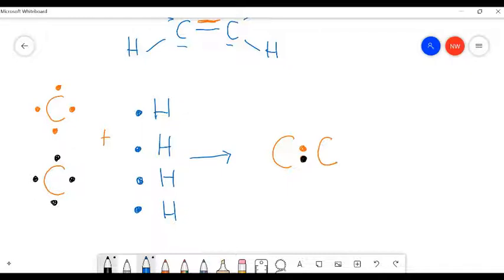So this is the first carbon, this is the second carbon.